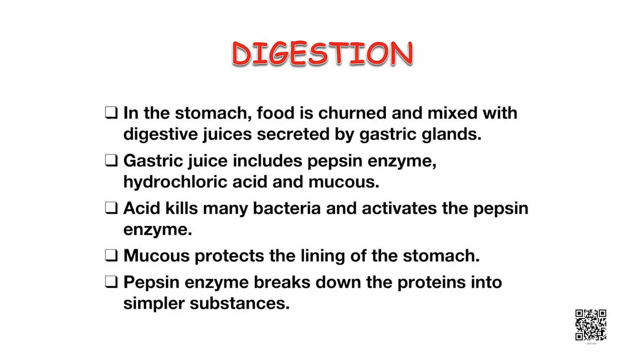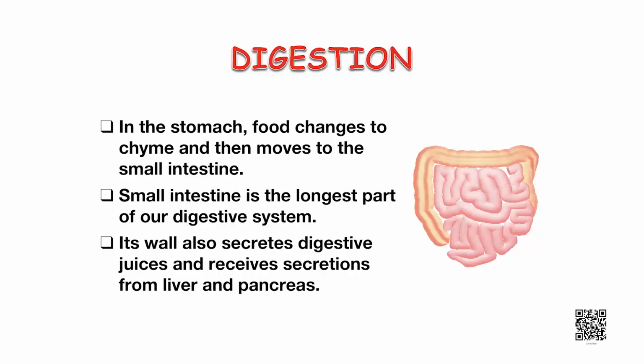The mucus protects the inner lining of the stomach from the action of the acid under normal conditions. Pepsin enzyme helps in the digestion of proteins. The exit of the food from the stomach is regulated by a sphincter muscle. From the stomach, the food now enters the small intestine.